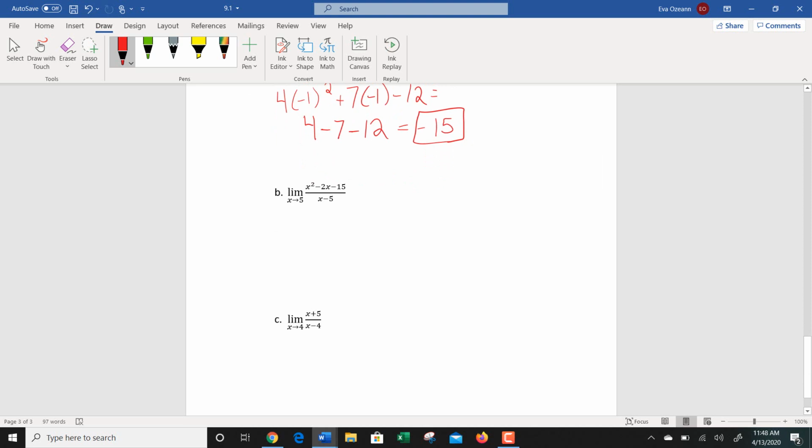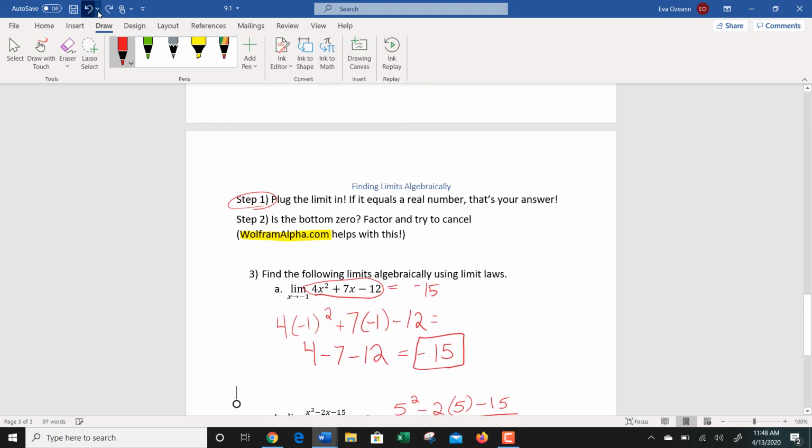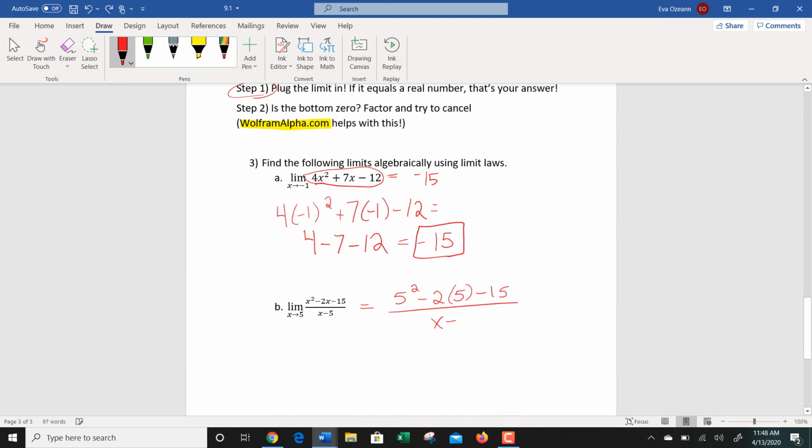Now, this sneaky one, if I plug my x value in, what I'm going to get is 5 squared minus 2 times 5 minus 15 divided by x minus 5. Now, I'm sorry, that's not going to be an x minus 5. Whoops.